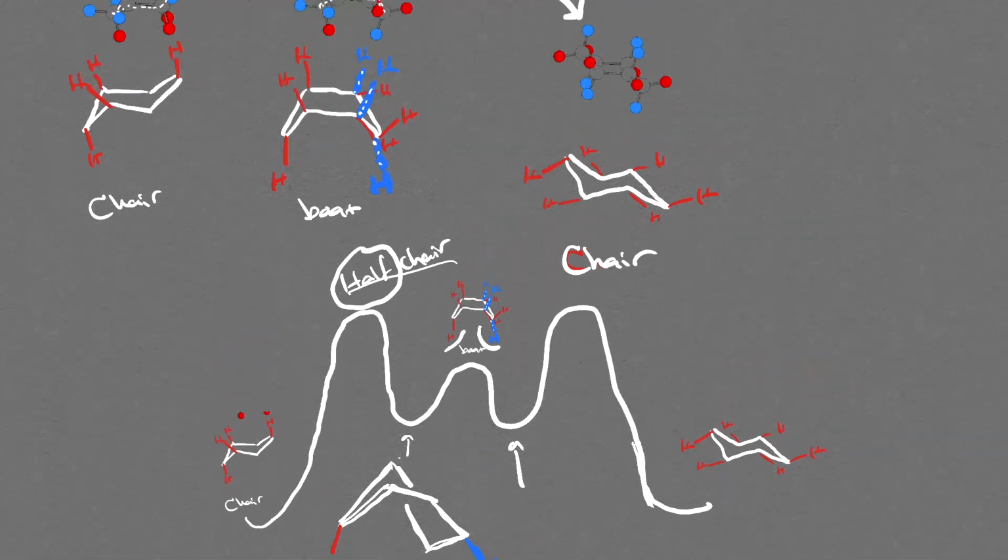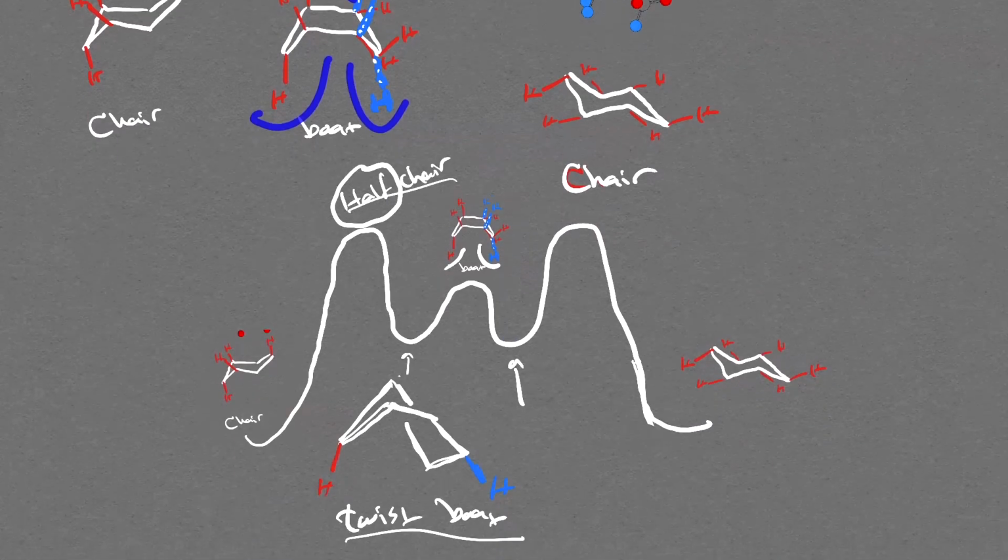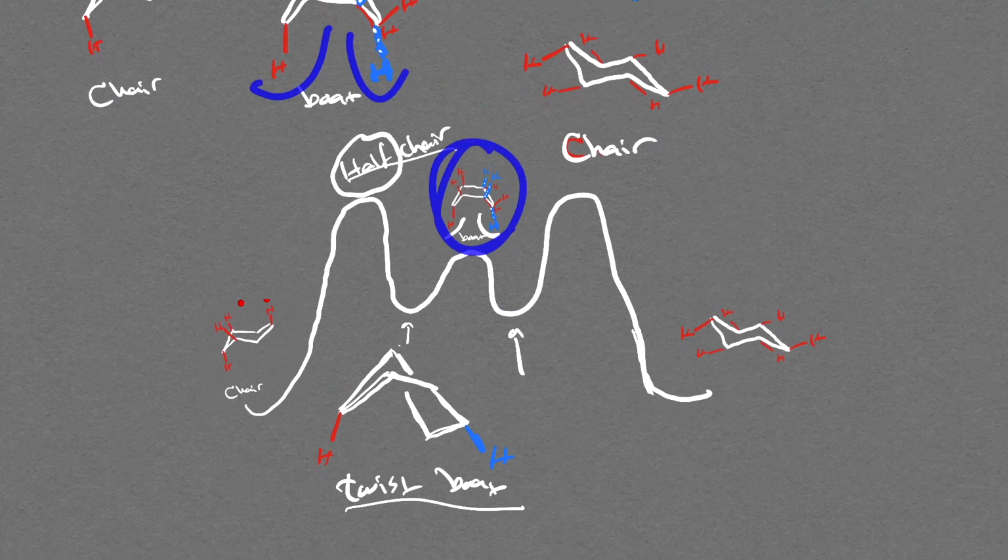And that's because this locked configuration that places things in the axial position means that anything in an axial position can bump into each other, particularly when they go through these little dynamics. Like you've got a boat configuration, right? So you've got a bunch of stuff that's going to start bumping into each other, which is why your boat's all high energy. And you even have these higher energy half chair configurations, which again are just essentially parts of the ring smashing into each other.